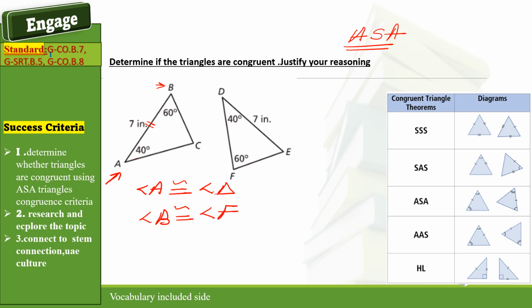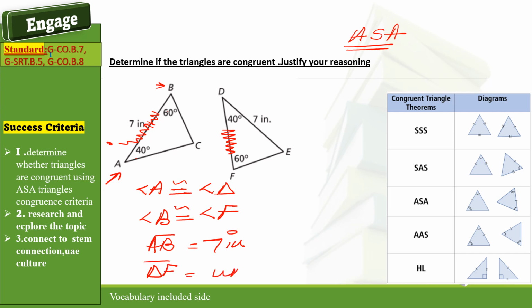Now have a look, what is the included side? The included side of the first triangle is 7 inches. It means that AB is equal to 7 inches. Whereas in the second triangle, the included side is DF, and the measurement of DF is unknown.